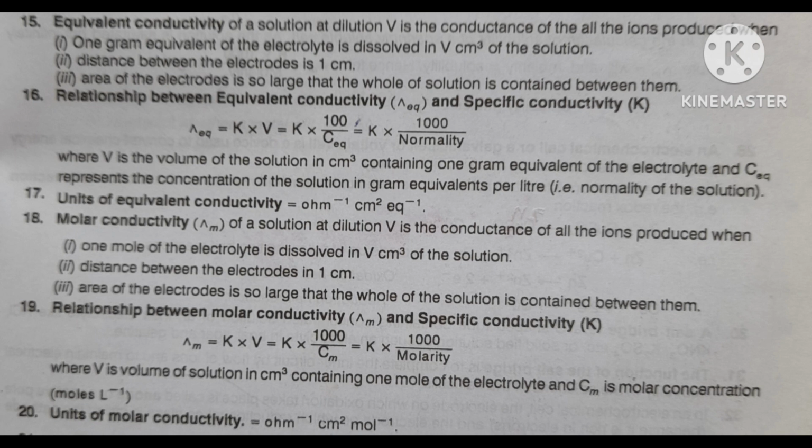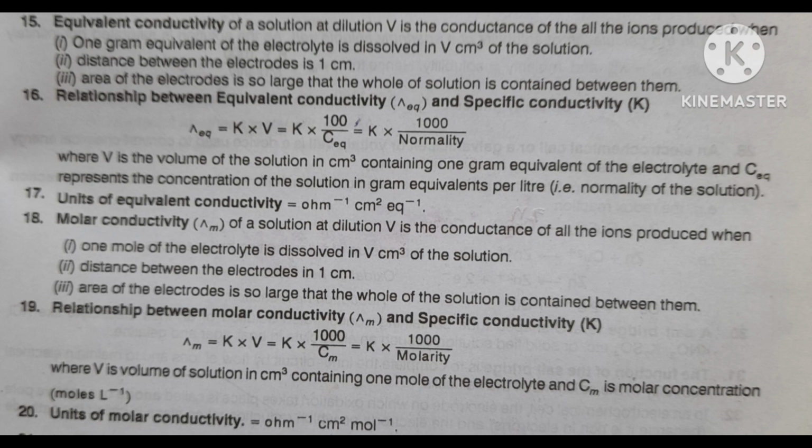For a particular conductivity cell, L upon A is constant, because the length L will be fixed, and the cross sectional area will also be fixed for a particular electrode. In a cell, the electrode once fit, will stay fit; you can't change it for the whole life.